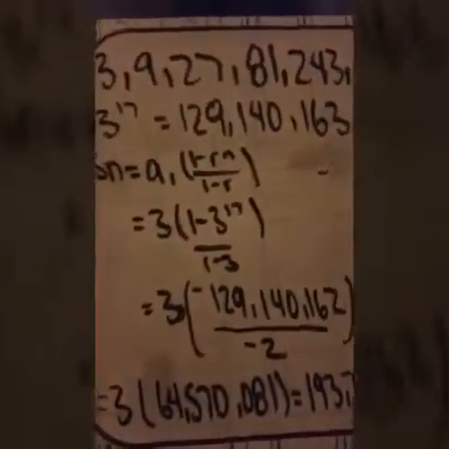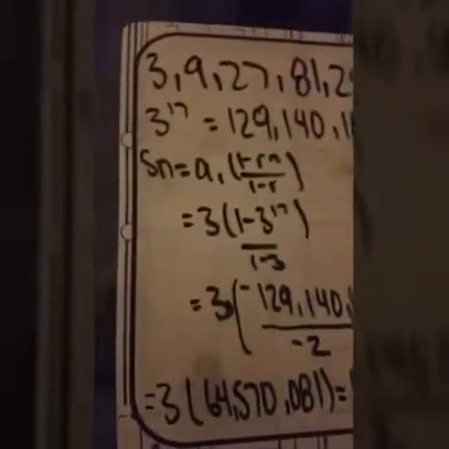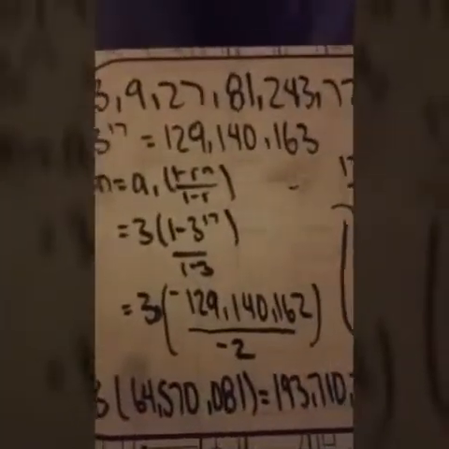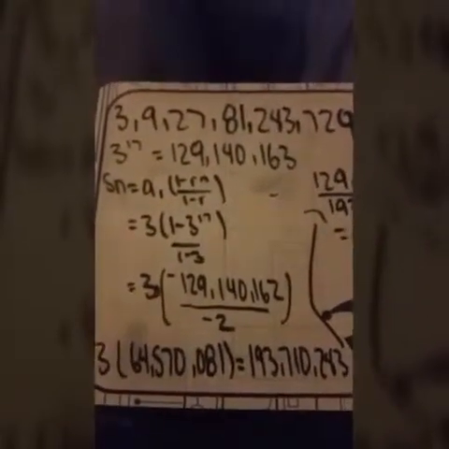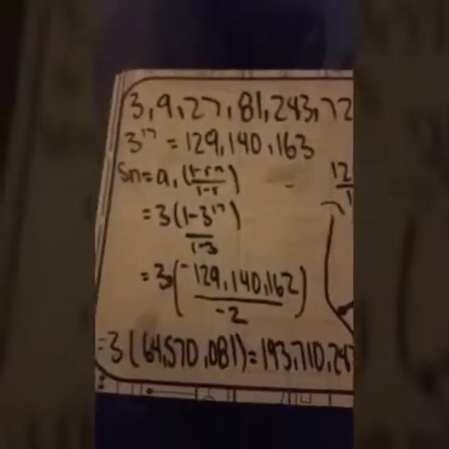Okay, so now we're trying to find the percent. Now we solved for n, so 3 to the 17th equals 129,140,163.